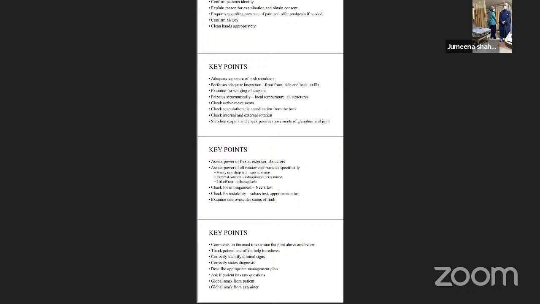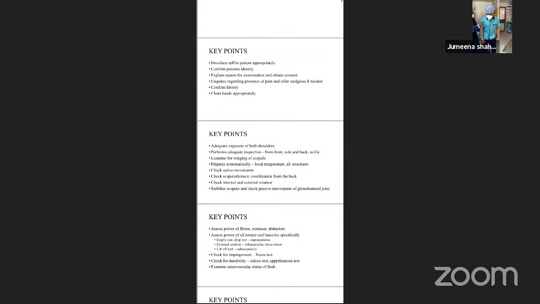Neer's test. For this test, you will flex and abduct the arm and also rotate the arm. During that time, he will have pain in the anterior or lateral part.